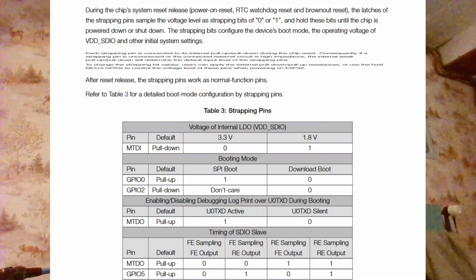Well, I don't care about this. The strapping bits configure the device's boot mode, the operating voltage of VDD_SDIO, and other initial system settings. After reset release, the strapping pins work as normal function pins.